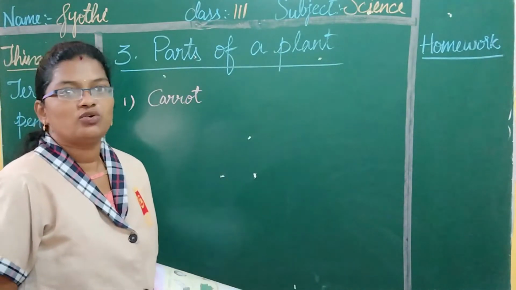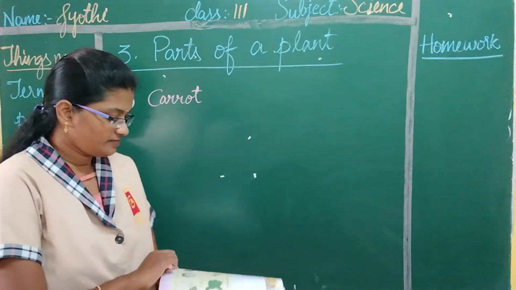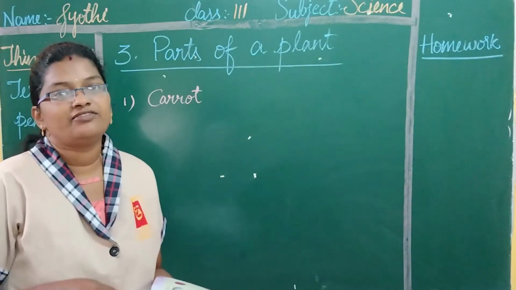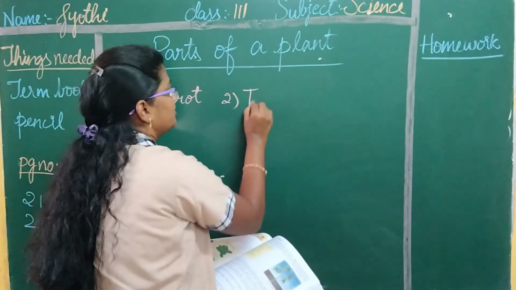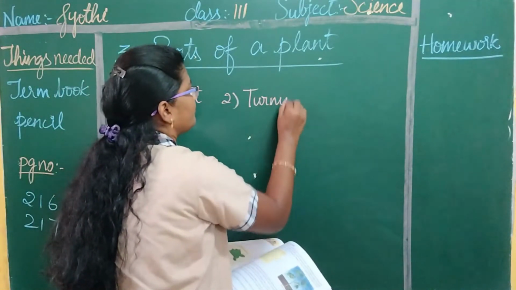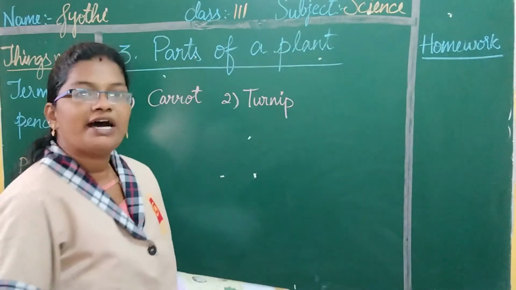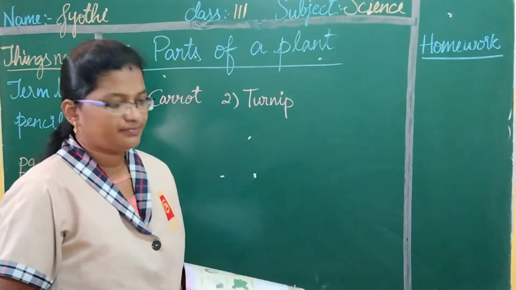C-A-R-R-O-T, carrot. Then the second one, it is turnip, T-U-R-N-I-P, turnip.